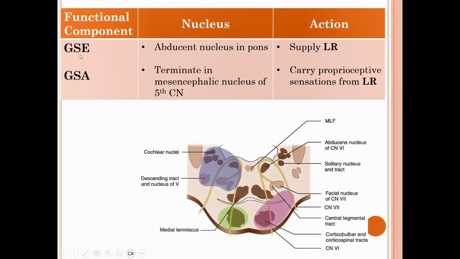General somatic efferent, because it supplies a muscle arising from the occipital somite, that is lateral rectus, and also general somatic afferent, which terminates in the mesencephalic nucleus of the fifth cranial nerve. They carry the proprioceptive sensation from the lateral rectus. So these are the two functional columns of the abducent nerve.